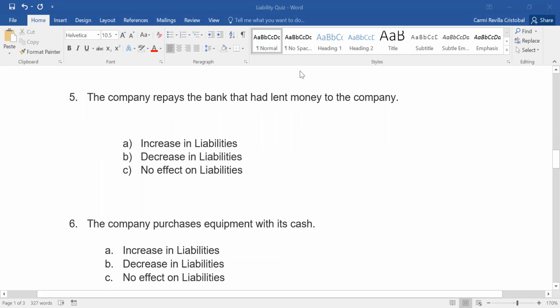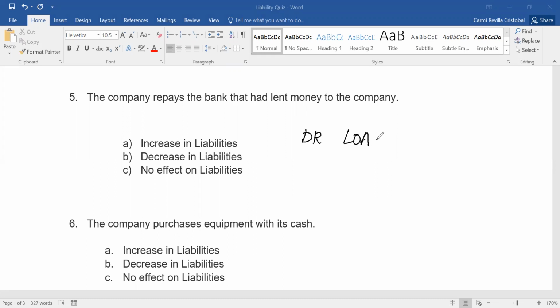Number five, the company repays the bank that had lent money. So it has paid, which means the loan payable decreased, and your cash also decreased.